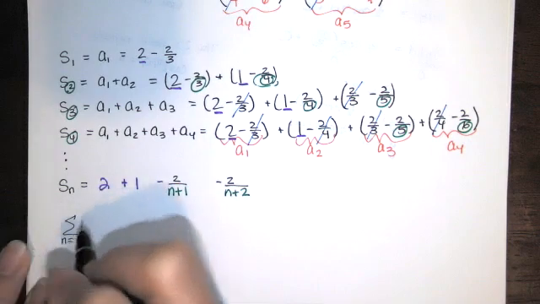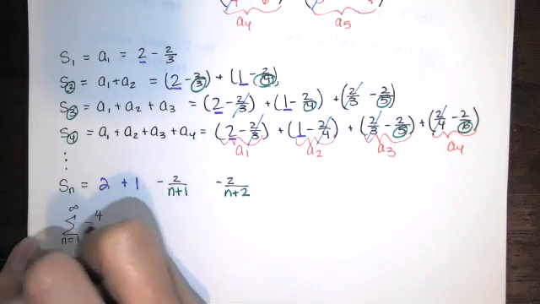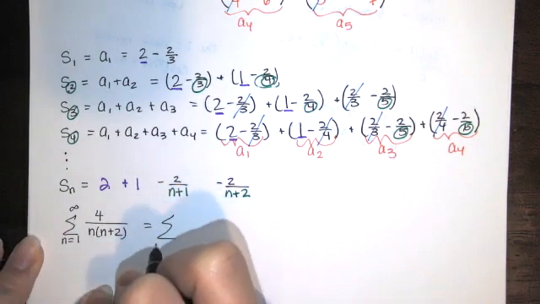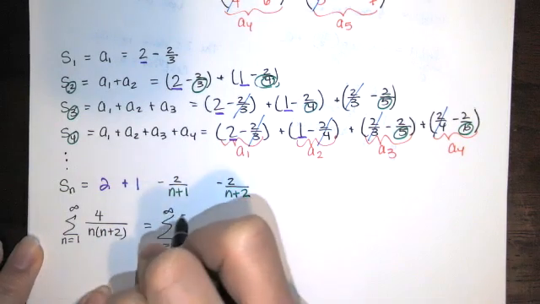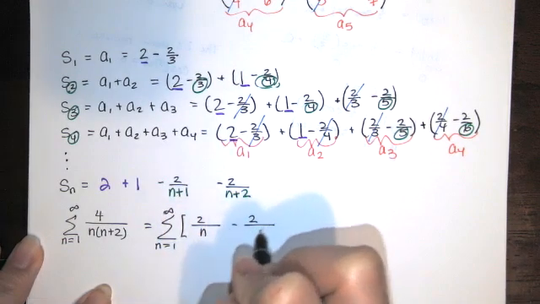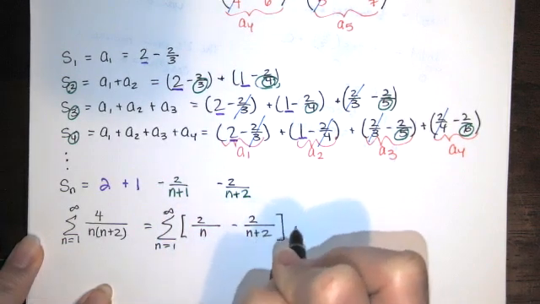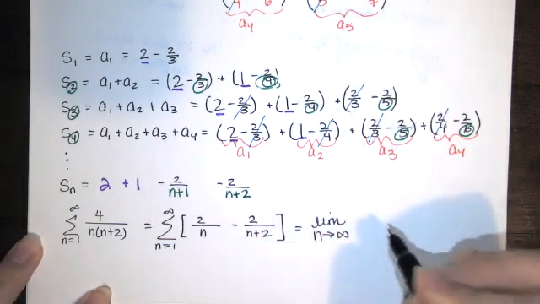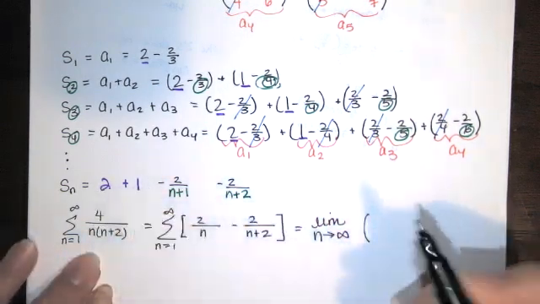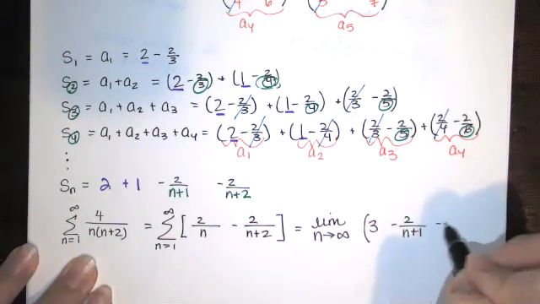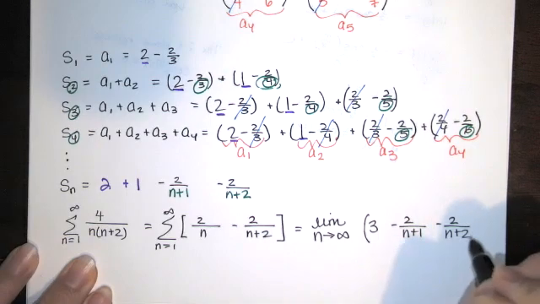The original series, which happens to be equal to this due to algebra, partial fraction decomposition, is equal to the limit as n goes to infinity of S sub n, which is 2 plus 1, which is 3, minus 2 over n plus 1 minus 2 over n plus 2.